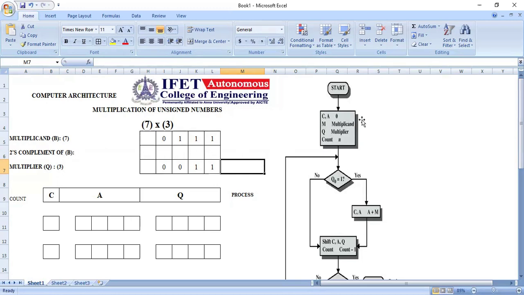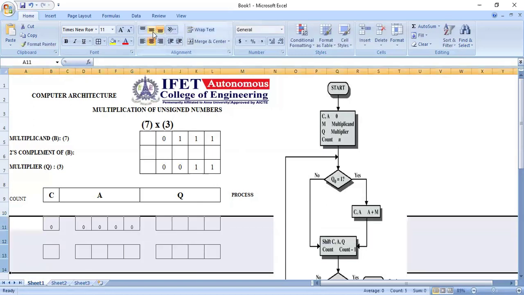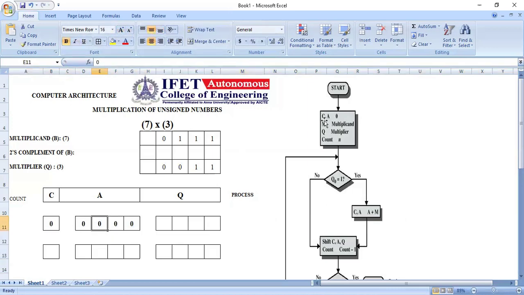Coming to the first thing, the C register is initialized with 0, so here it is mentioned as 0. Then the A register, the accumulator register, is stored with the default value of 0. Look at this first one: the C register has been initialized with 0, and the accumulator register has been initialized with the 0 value.